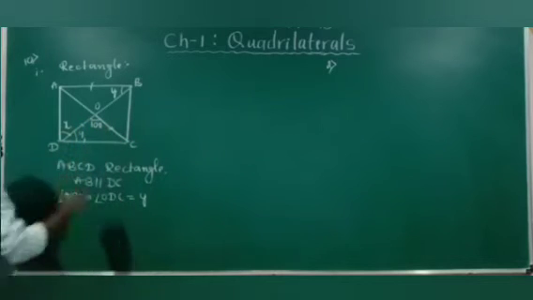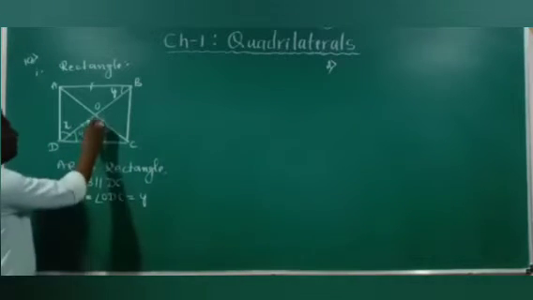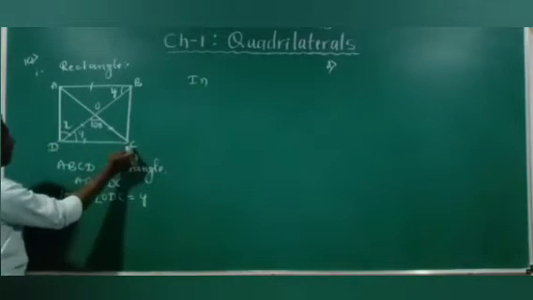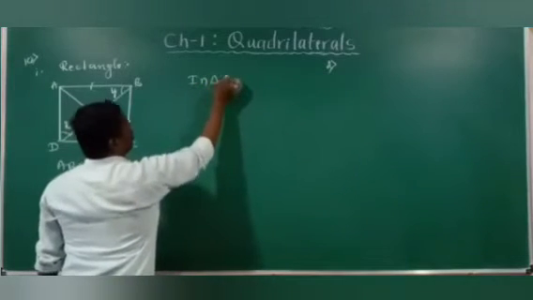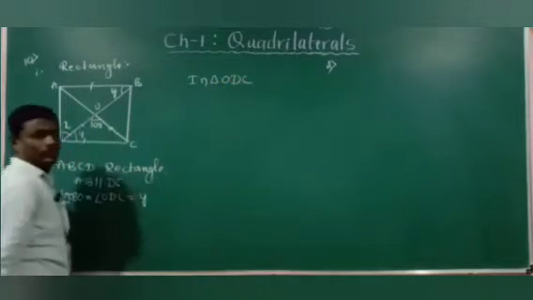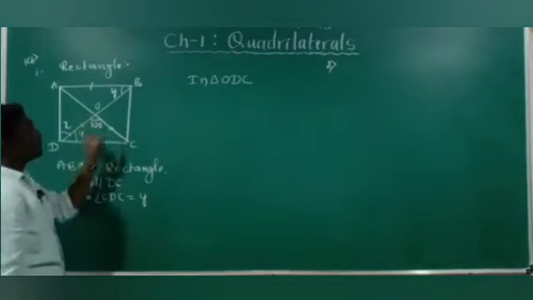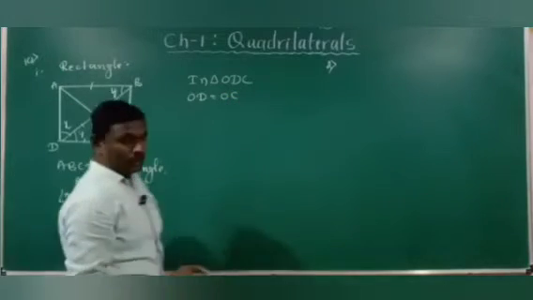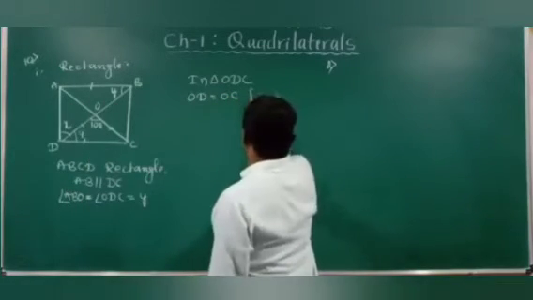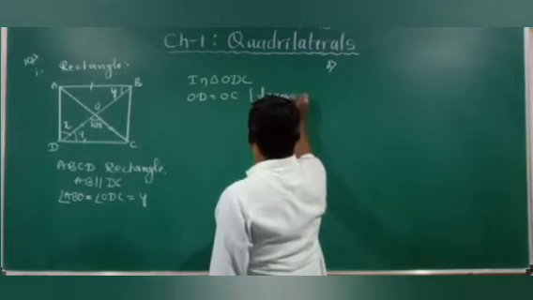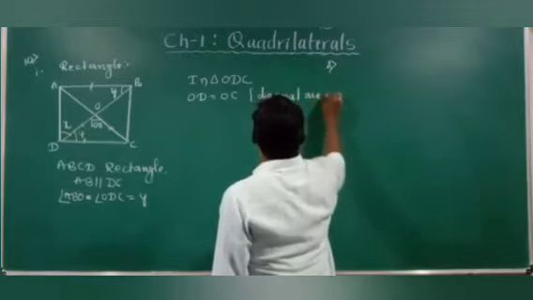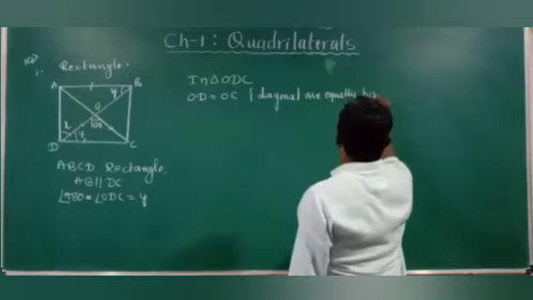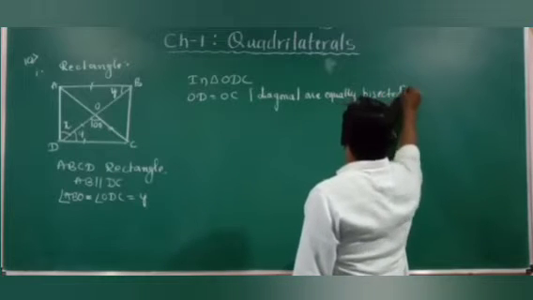In triangle ODC, OD is equal to OC, because the diagonals are equally bisected, right?